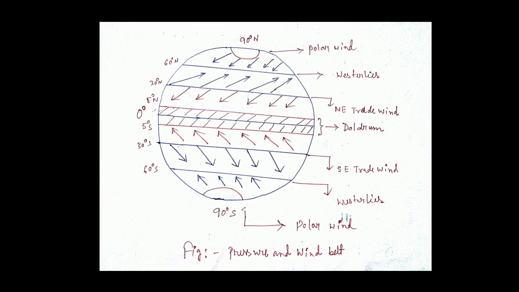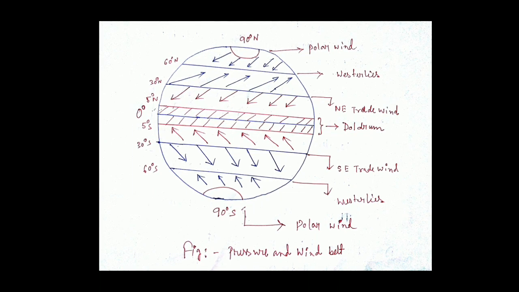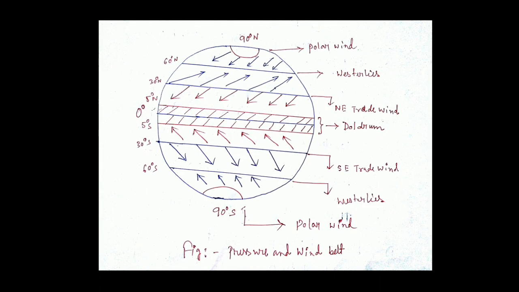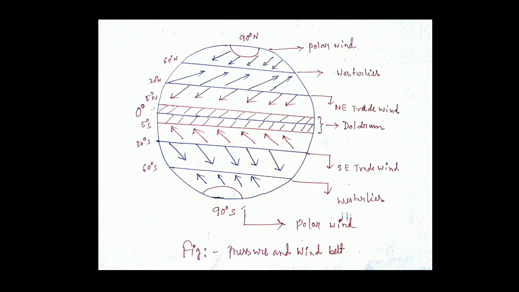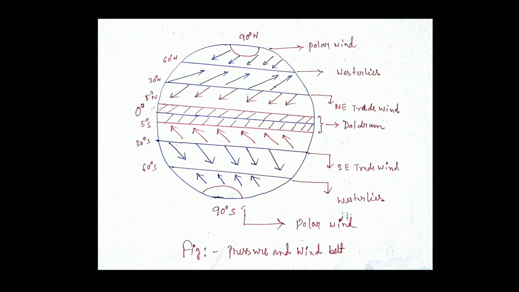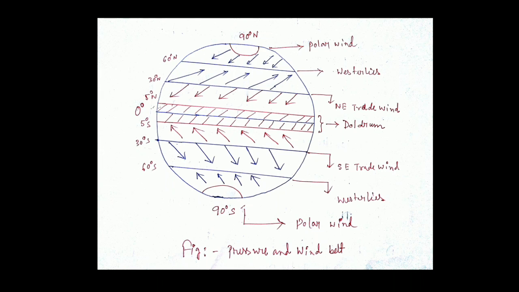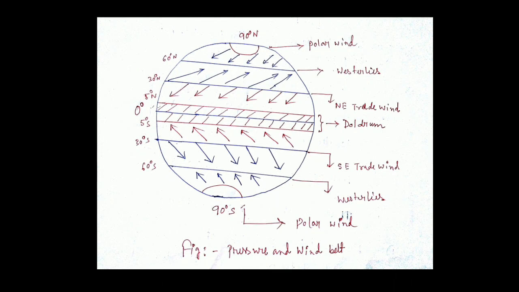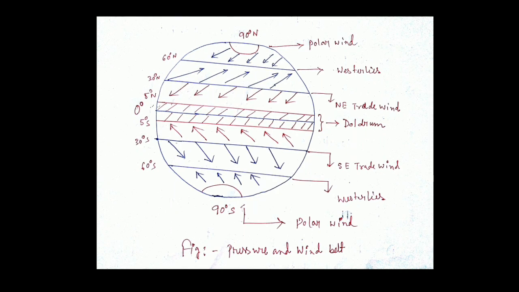Again, the region of 60° north and 60° south is known as the subpolar low pressure belt, where two winds converge. That is polar wind that comes from the polar region, and another one is westerlies, which come from 30 to 35° north as well as from 30 to 35° south latitude.